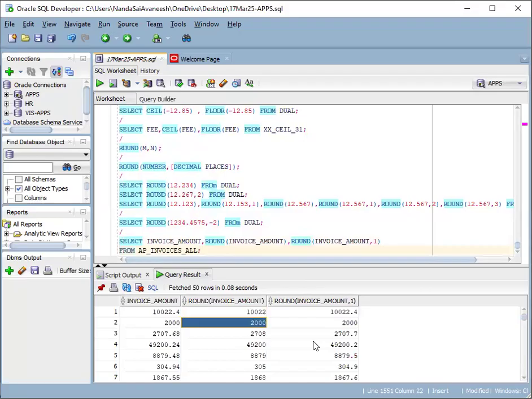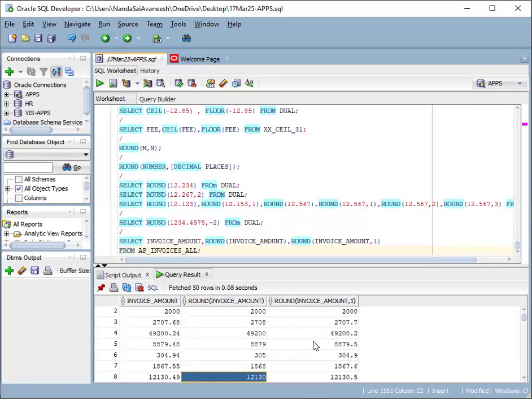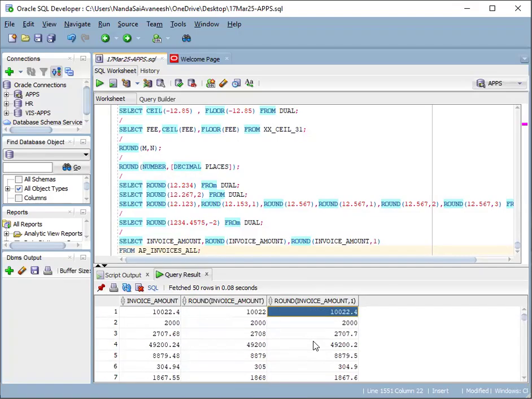Here decimal points are removed. In this, it is adding based on the n value. Here 1 means a single digit, so 4 will be the same. Here it is 2000, there is no decimal point, so no change here.